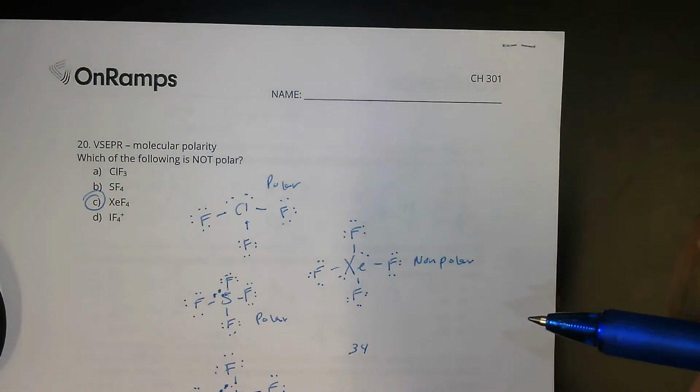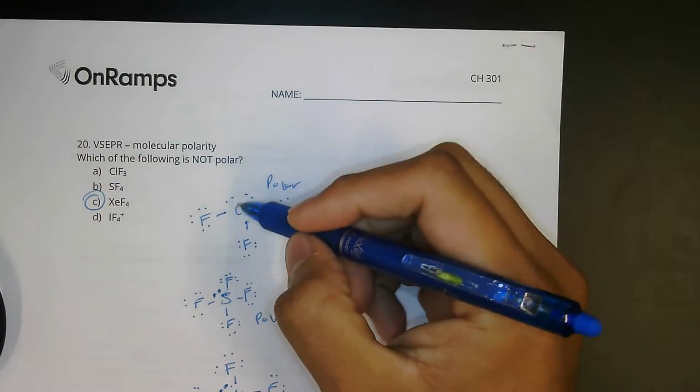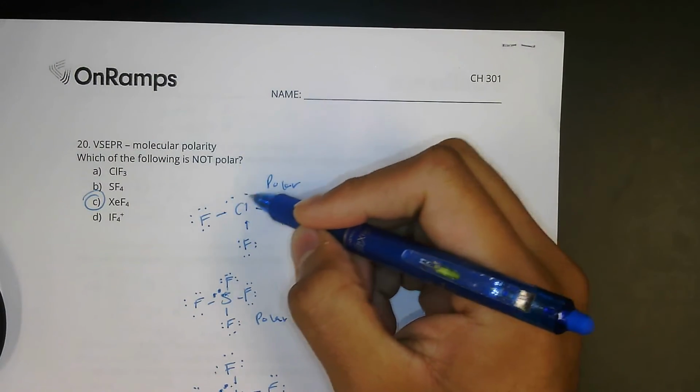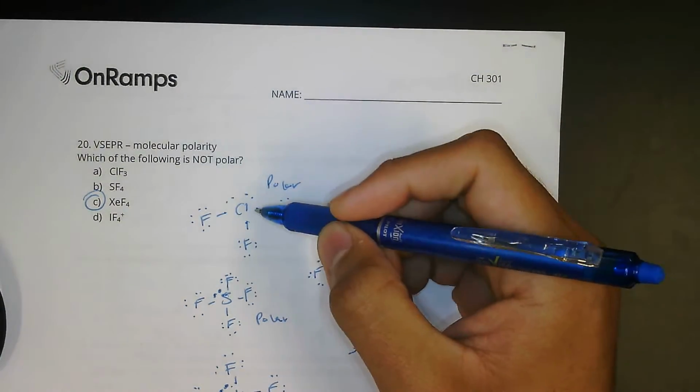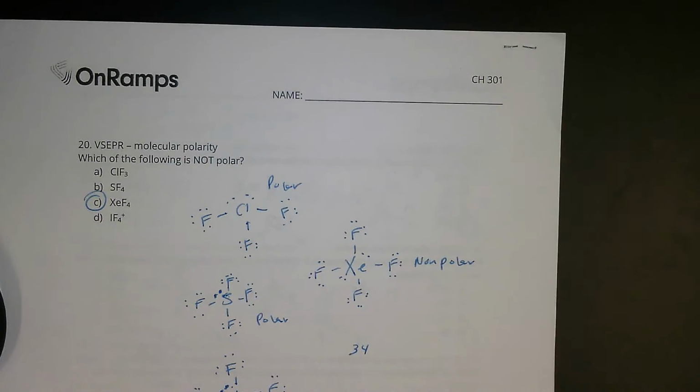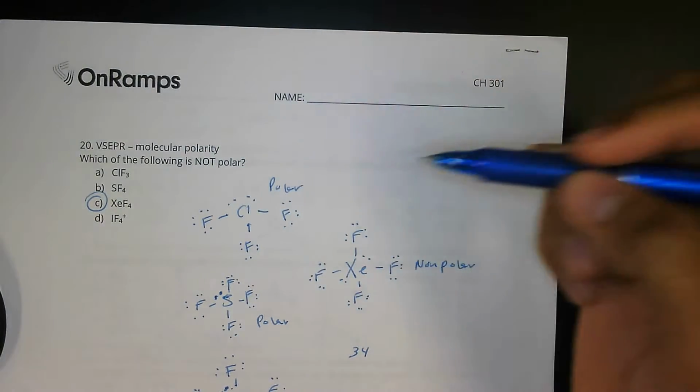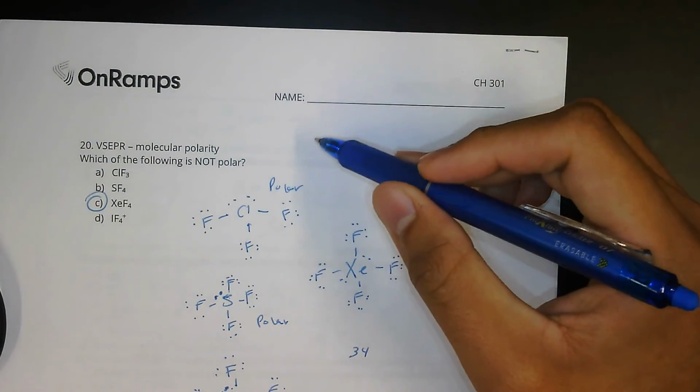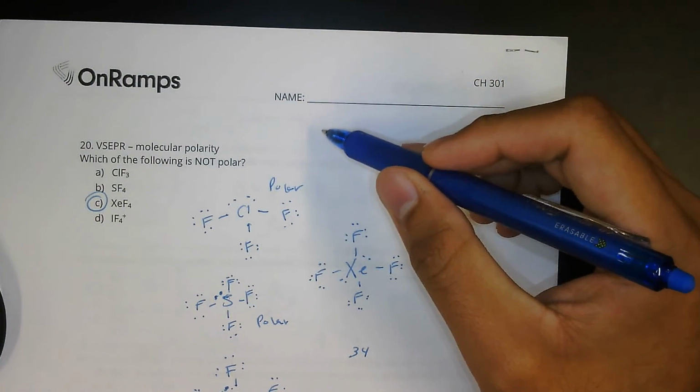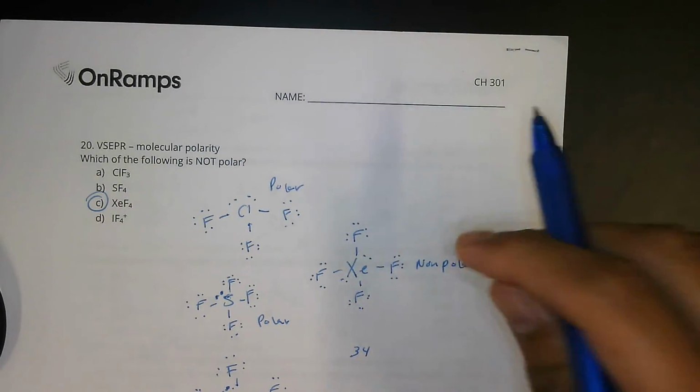The reason for that is that these two lone pairs are not actually exactly opposite of each other, and because of that, they don't cancel each other out. Instead, they create kind of like an angle, and that creates the polarity.